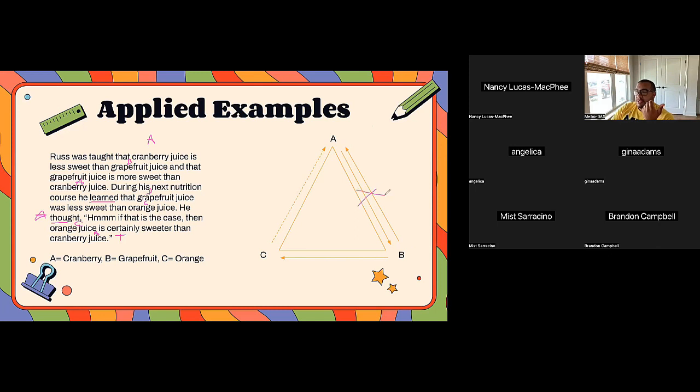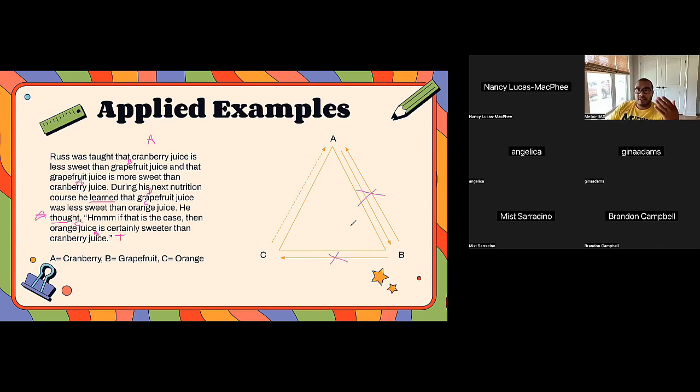So not symmetry. During his next nutrition class, he learned that grapefruit juice, and again, this says learned, is less sweet than orange juice. So we have this taught, right? So again, we have nothing here. It's just a taught relation. But now I know we have two taught relations, which is a foundational core requirement of transitivity.